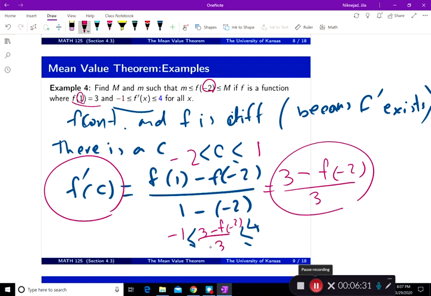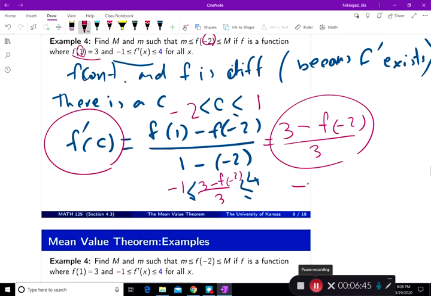Now, can I solve the inequality and figure out an upper and lower bound for f of -2? Yeah, I can multiply both sides by 3, and then I end up with -3 is between 3 minus f of -2 and 12.